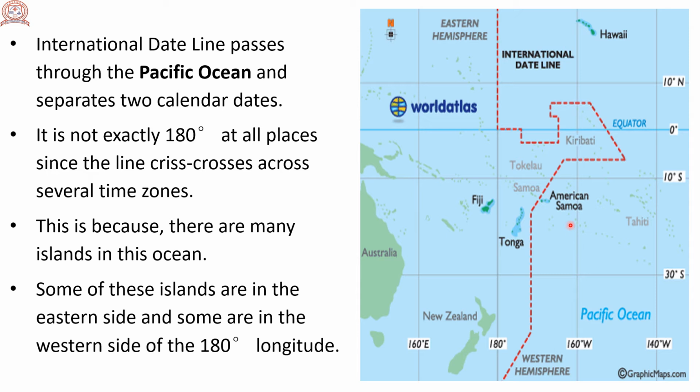It is not exactly 180 degree at all places, since the line crisscrosses several time zones. This is because there are many islands in this ocean. Some of these islands are on the eastern side and some are on the western side of the 180 degree longitude.